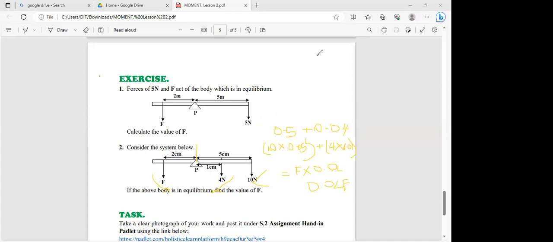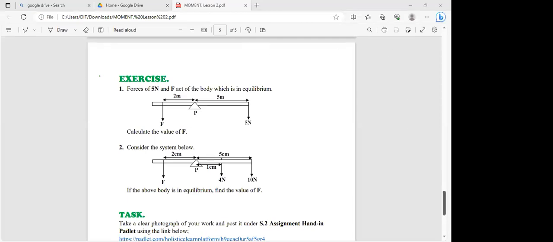So it means that we'll be having our 0.54 being equal to 0.02 F. And when you divide through by 0.02 F, you realize that you have your answer as 2027. So that is our answer for number 2.